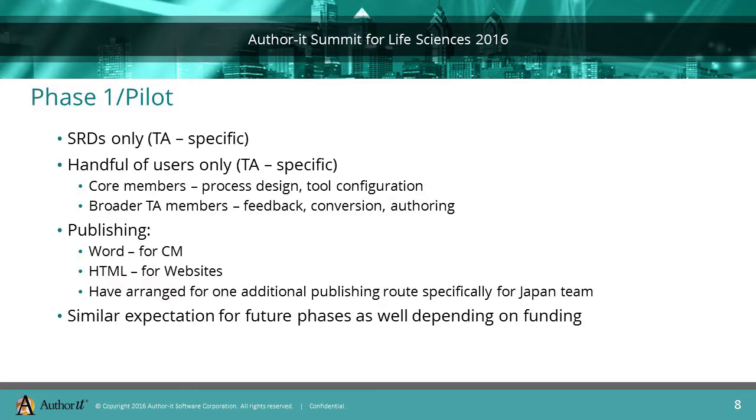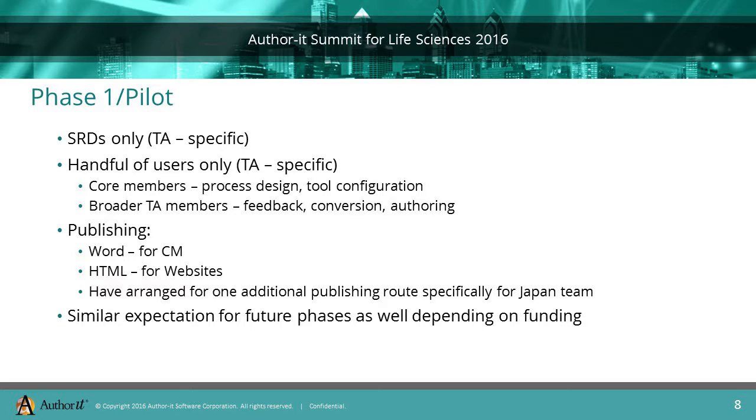Publishing, initially we're just publishing Word documents. They're going into our existing content management system. In the future, we expect HTML for websites. And at one point we were doing something different for Japan. I don't think that's happening anymore. And then in the future, we'll determine what our next step is.